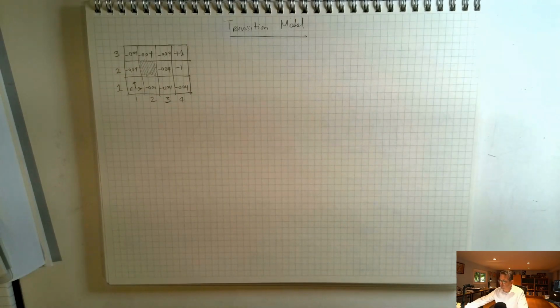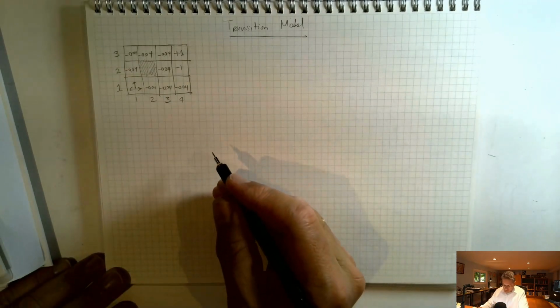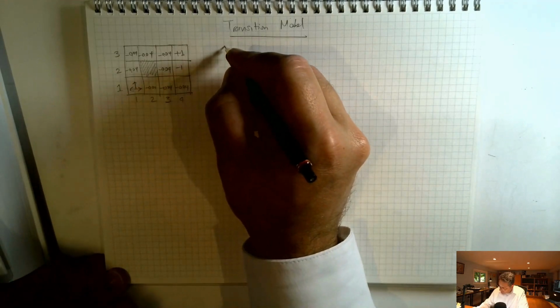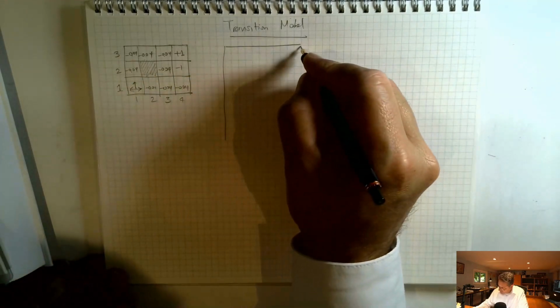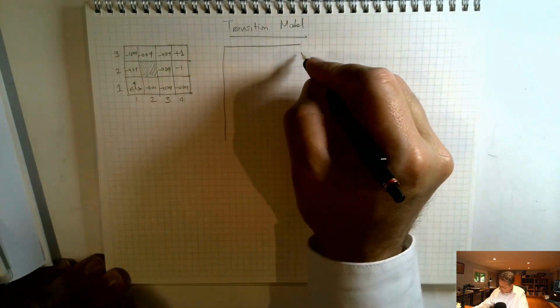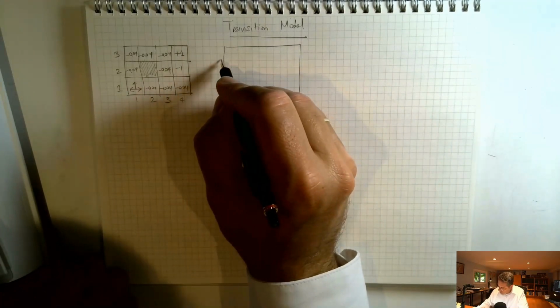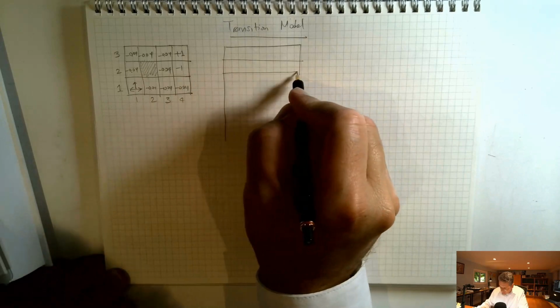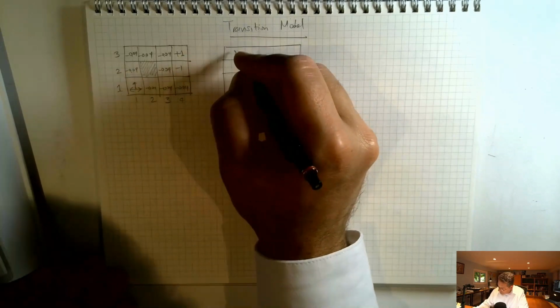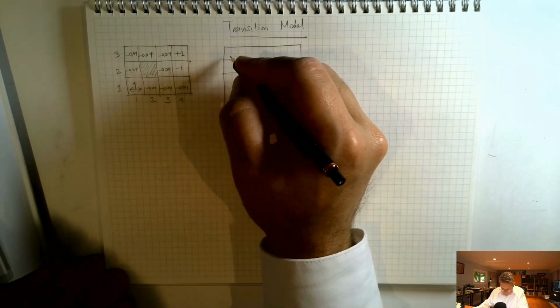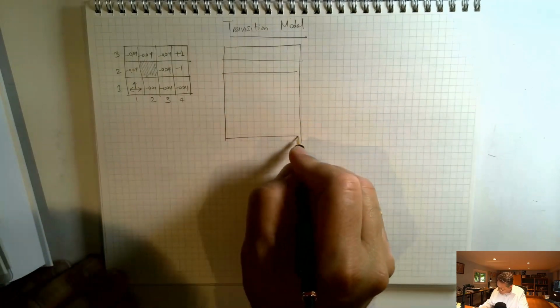So we have 11 states, and therefore we're able to define this type of matrices. I'm going to have an 11 by 11 matrix.